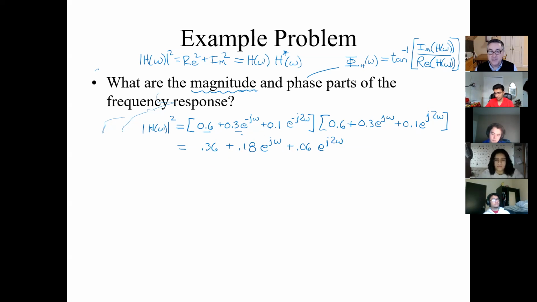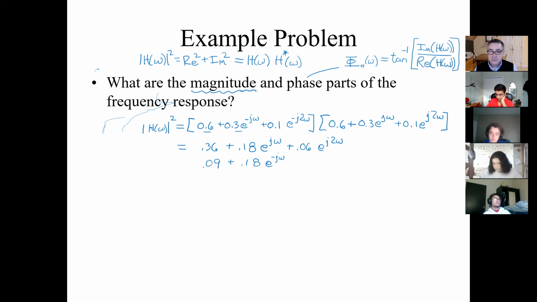What I'm going to do is try to keep things organized, because I want e to the j omegas to match up with e to the j omegas, and 2's to match up with 2's and so forth. So the first term is going to be 0.18 e to the minus j omega. And you might see that those two are going to combine with each other, and then this with that one. Now the e to the j omega and e to the negative j omega cancel out, so this just becomes a scalar without e to the j omega in it. And that's a 0.09. So I'm going to put that one over here.